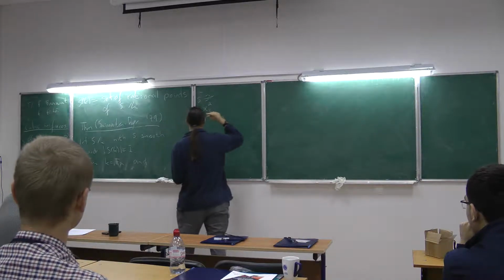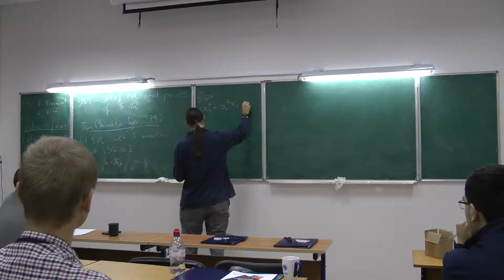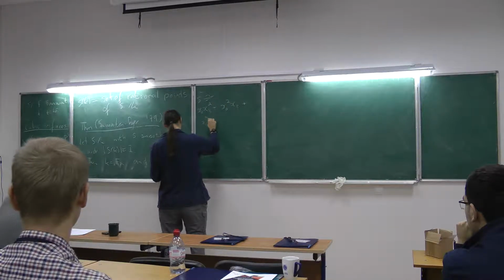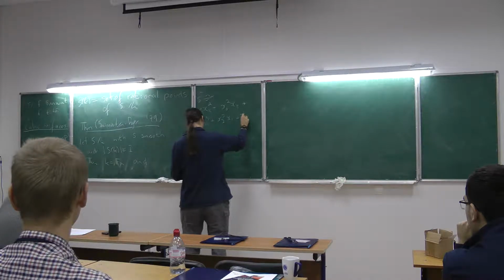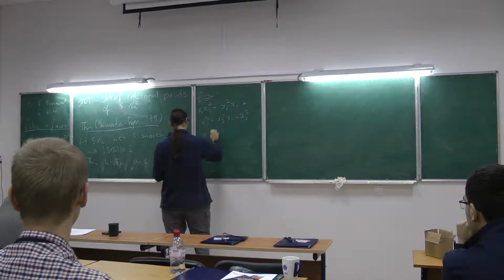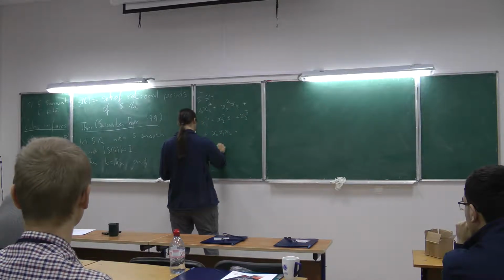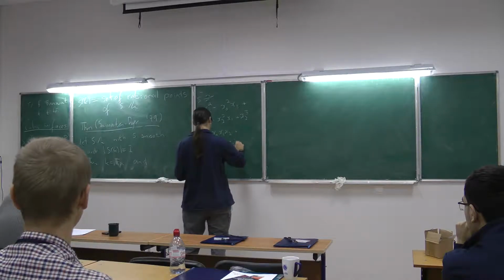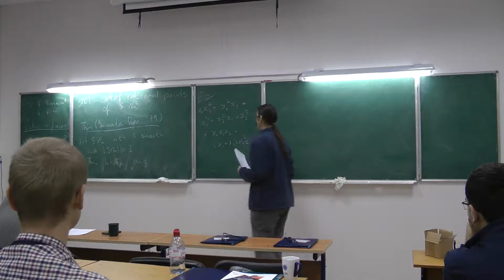It's x0 x3^2 + x0^2 x3 + x1^3 + x2^2 x1 + x2^3 + x0 x1 x2 + (x1 + x2) x0^2.